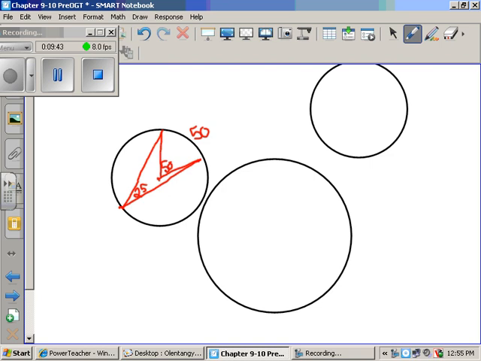All right, so if this angle were 78 degrees, how long is this arc?